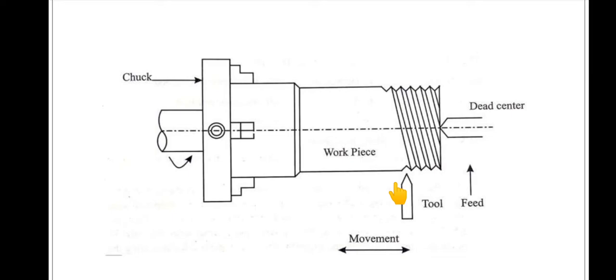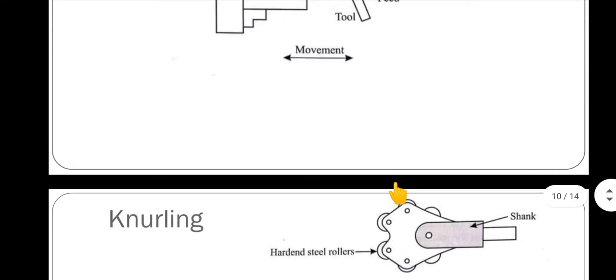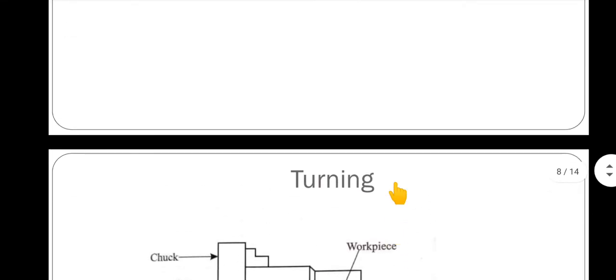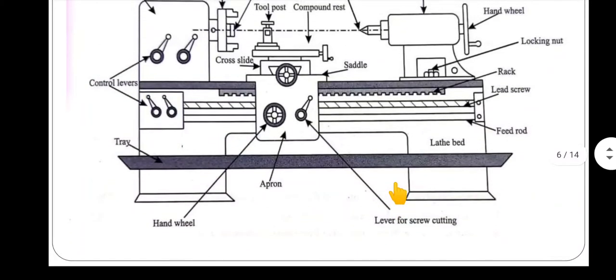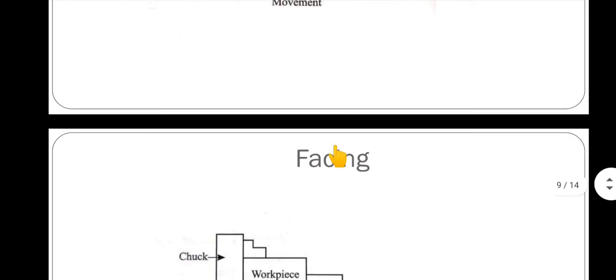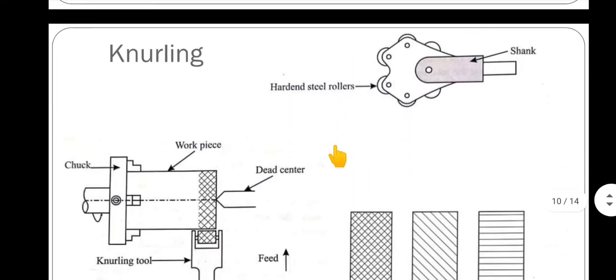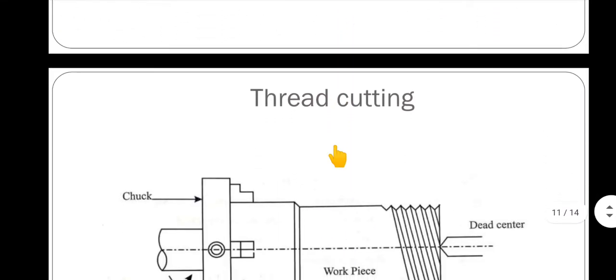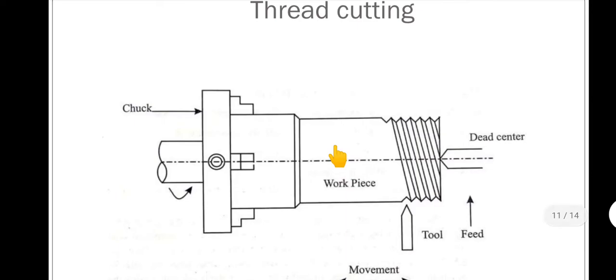With the help of the lead screw, we have seen here, no? With the help of the lead screw, we engage the carriage automatically. So what happens during thread cutting operation? The lead screw will be engaged, then the movement of the carriage takes place automatically. Why do we want automation?